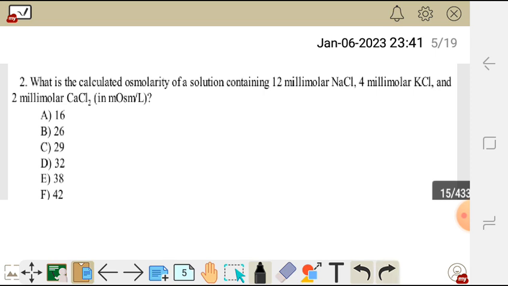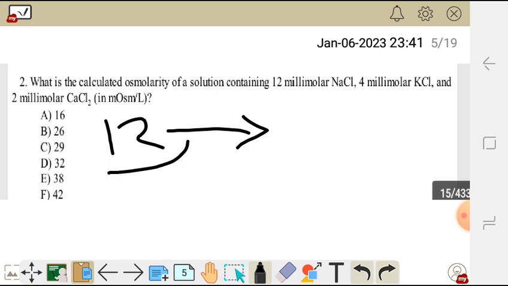So to calculate the osmolarity, we look at the number of millimolar and the compound which is involved. In this case, we have 12 millimolar of sodium chloride. In milliosmoles, sodium chloride will dissociate, forming 2, meaning we multiply 12 by 2 and we have 24.